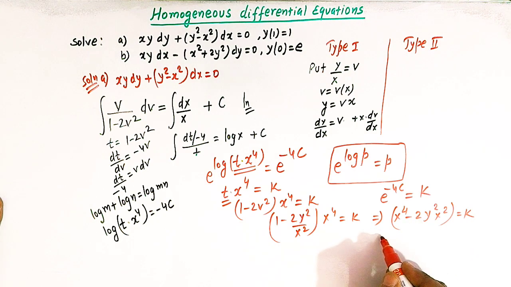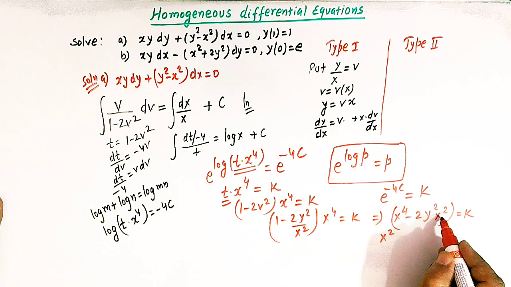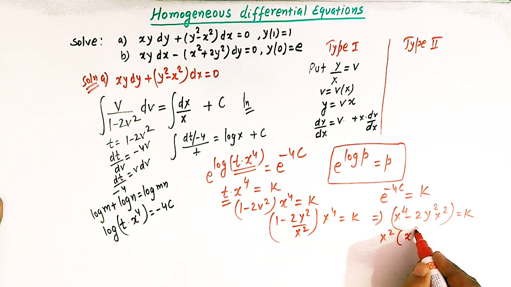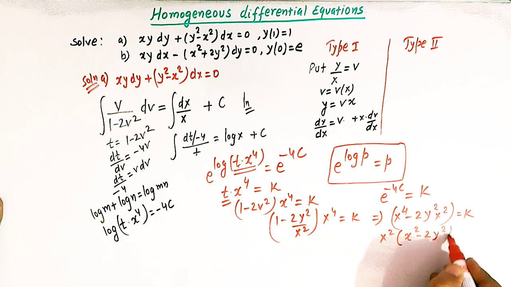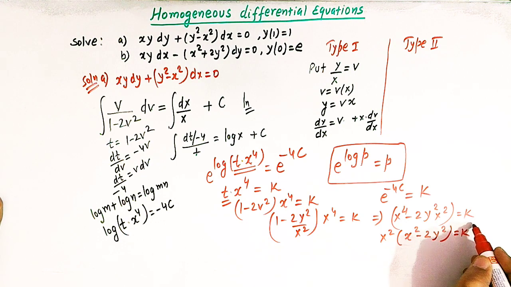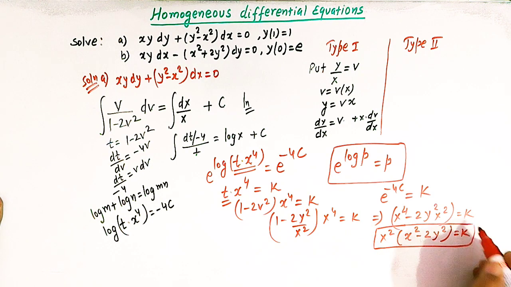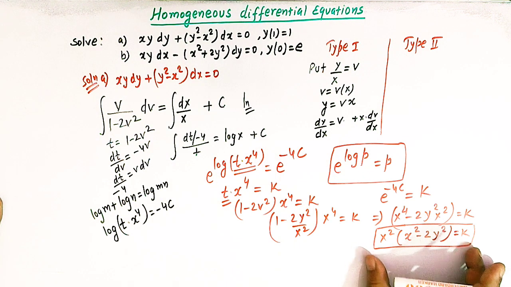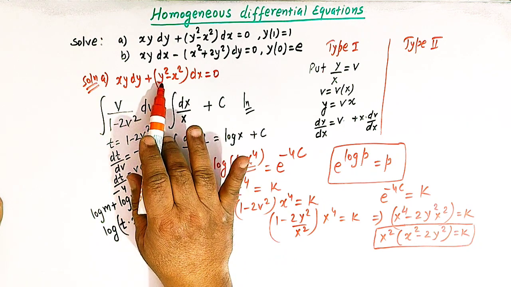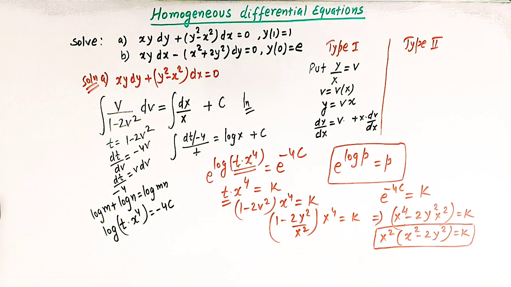So we can also write this solution, taking x square common, as x square minus 2y square is equal to k, where k is some constant or the constant of integration. So this is the general solution of this differential equation.